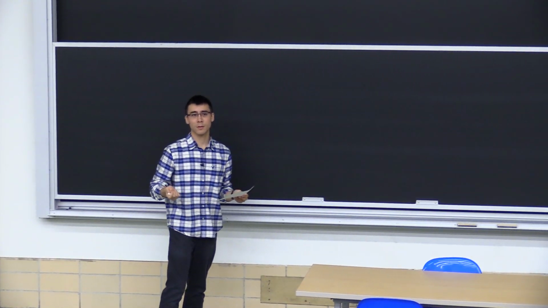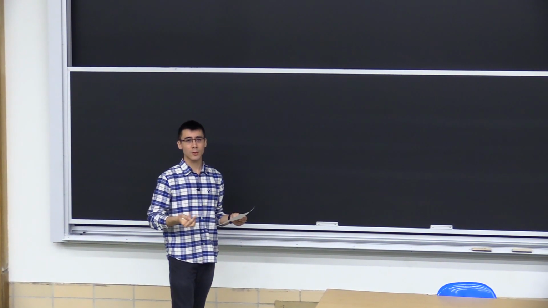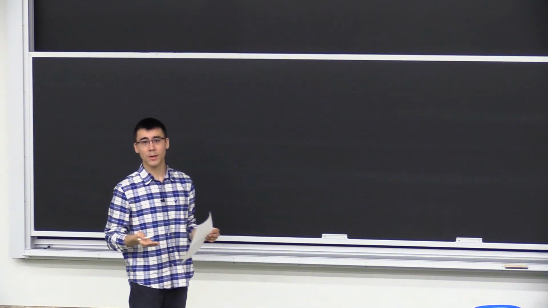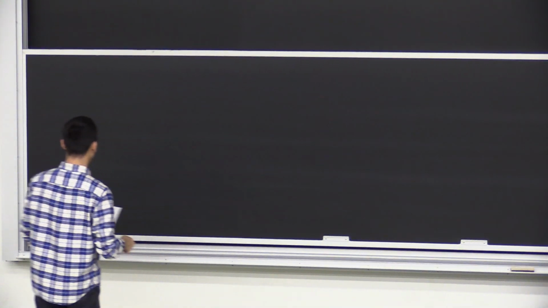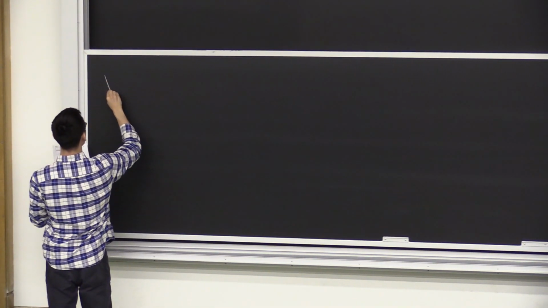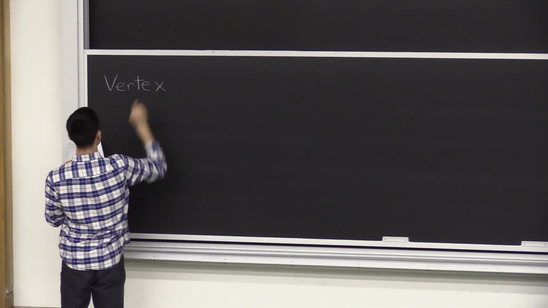Let's first define a few different structures. Just like how in a linked list we made a structure that would correspond to a node, now we're going to have a structure that corresponds to a vertex. So let's define something called vertex, okay?